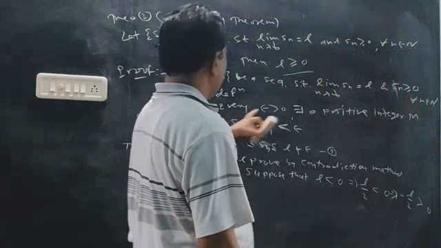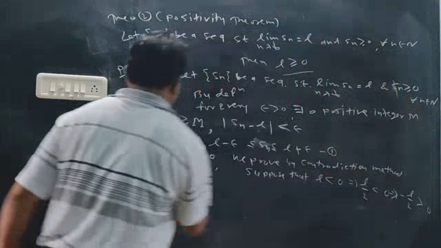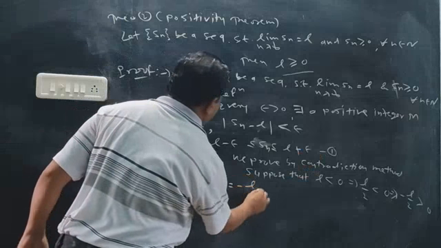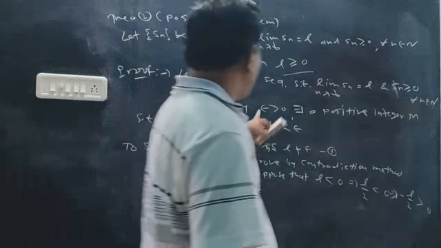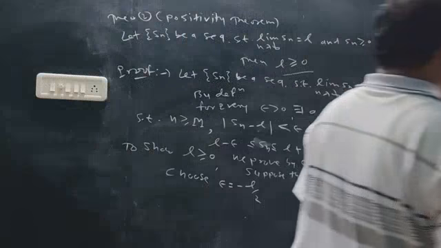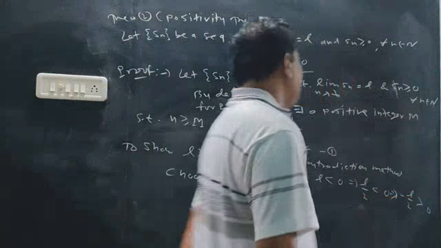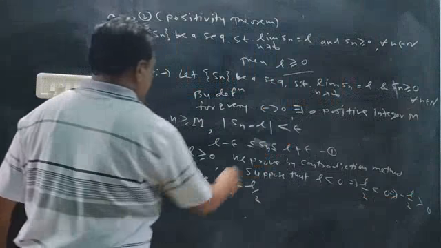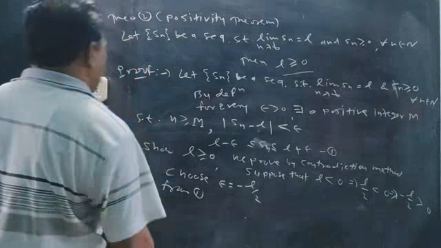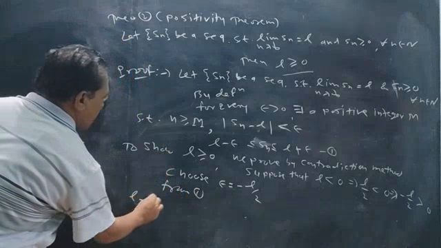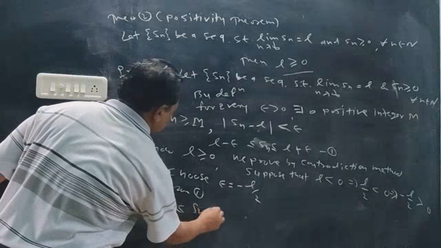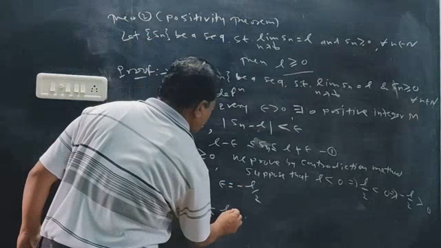Epsilon is also positive and arbitrary, so you can take any value. We choose epsilon as minus L by 2. Putting this value of epsilon, L minus epsilon is less than Sn, which is less than L plus epsilon.